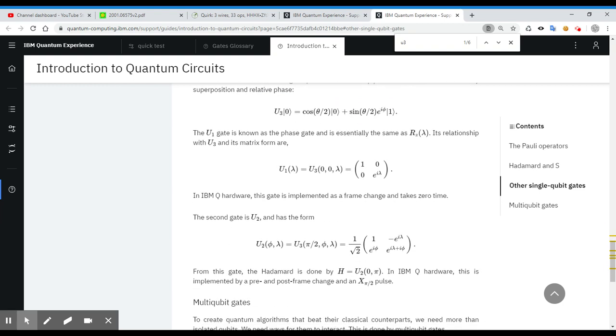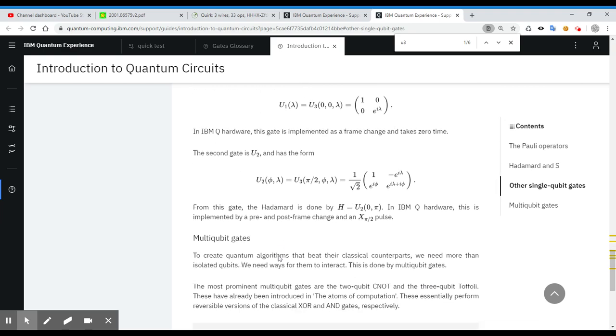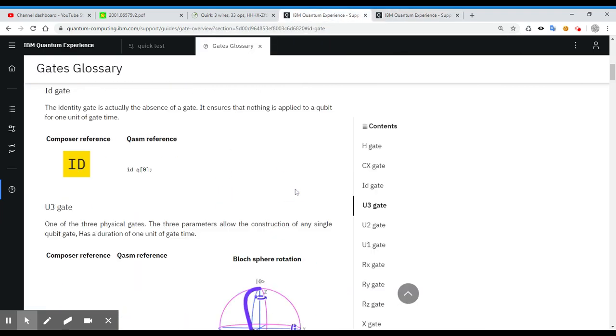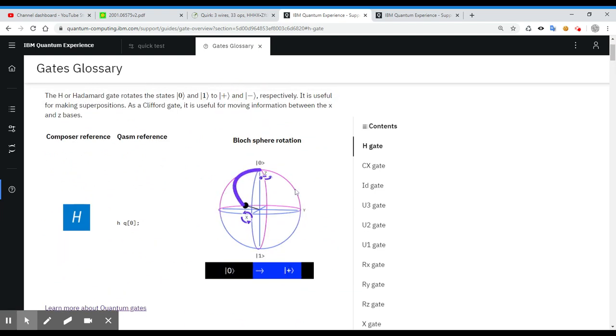Because the U2 is like 0 pi, so it's a pi rotation. It's a pi rotation.